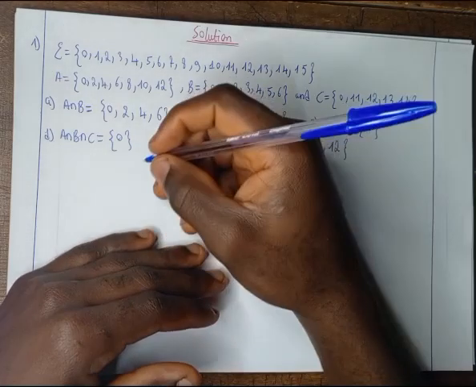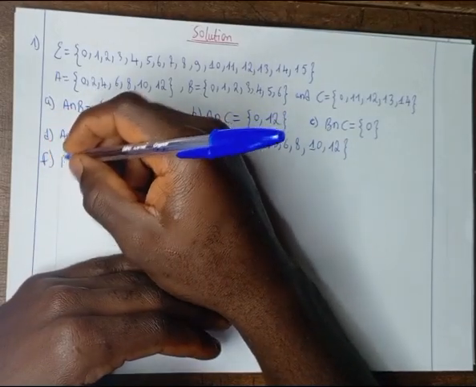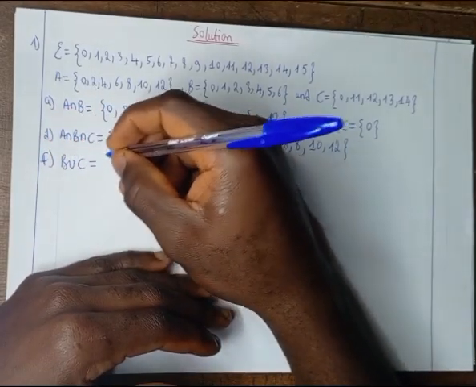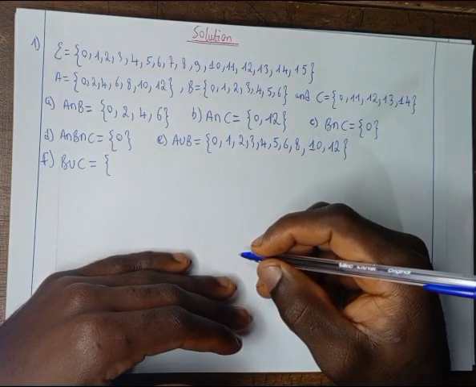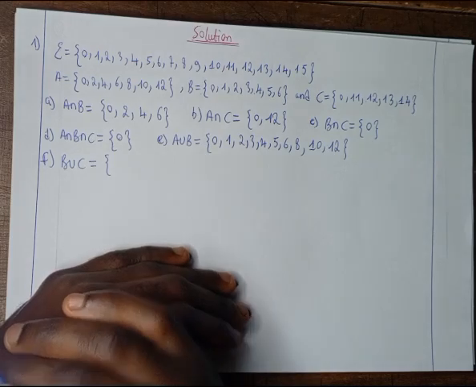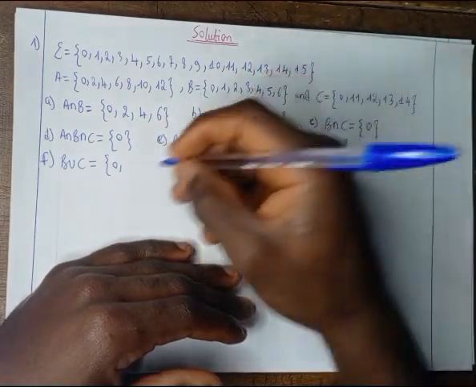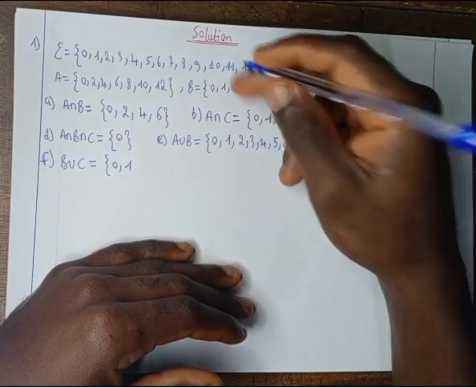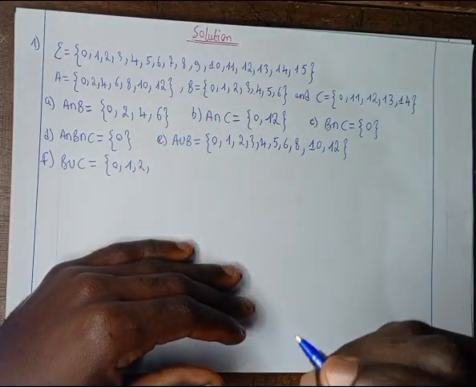Next, we go now to F. We have to write the elements of the set B union C. That means we have to write the elements of the set B or the elements of the set C. So we are going to start with 0. Next will be 1. We go to 2. We must separate the elements by making use of a comma.